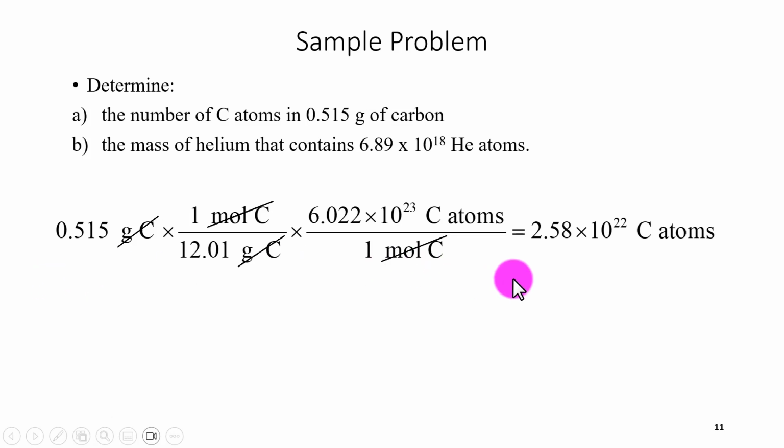If you want to do this all in one step, like it is here, then your grams will cancel, your moles will cancel, leaving you with carbon atoms. So you would take 0.515 multiplied by 1, multiplied by 6.022 times 10 to the 23rd, then divide that by 12.01, and you get 2.58 times 10 to the 22nd carbon atoms.